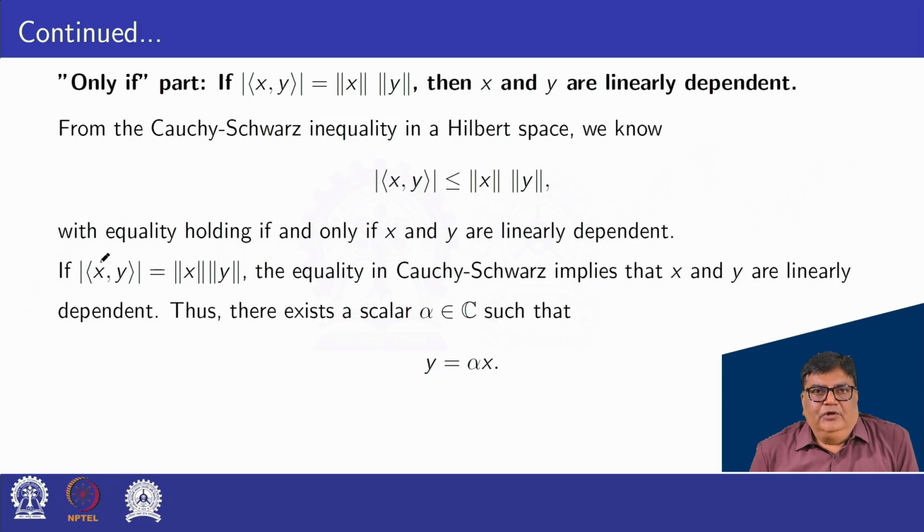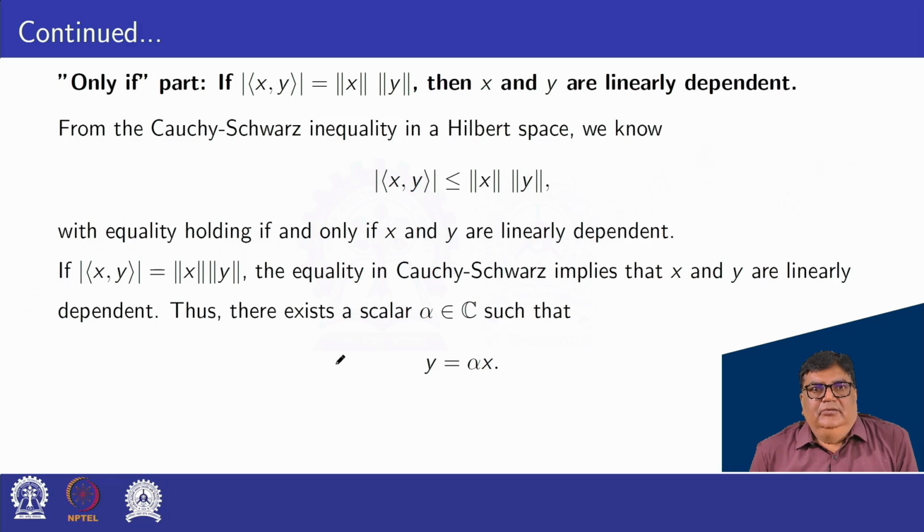If modulus of the inner product of x and y equals norm x into norm y, the equality in Cauchy-Schwarz implies that x and y are linearly dependent. Thus, there exists a scalar alpha belonging to C such that y is equal to alpha x.